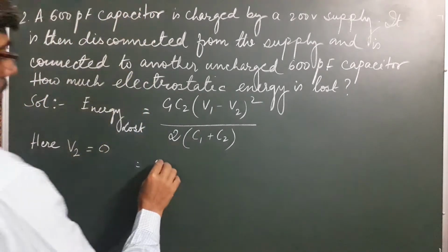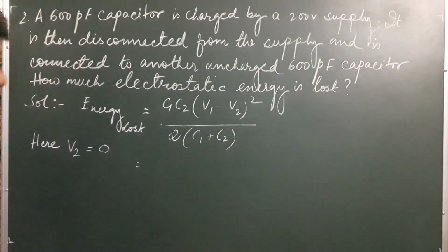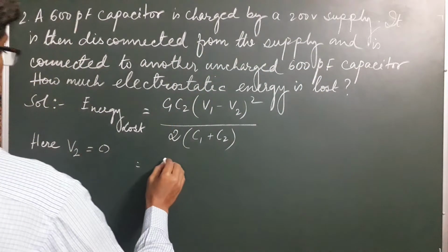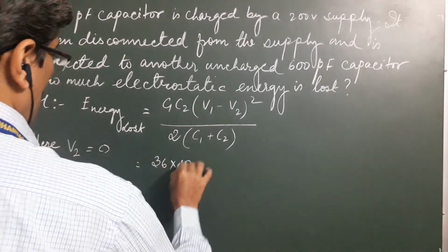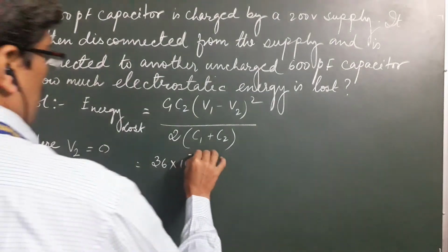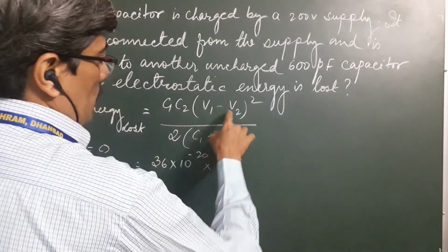Values are 600 pF multiplied by another 600 pF. If you multiply those and put the value of pF, that comes out to be 36 × 10^-20. The value of V2 is 0.